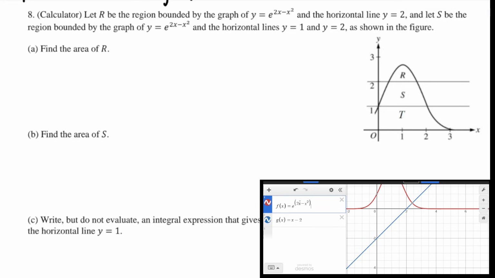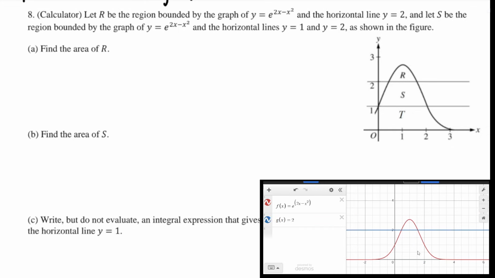And then the horizontal line y equals 2. Okay, there we go. That's R and S. And then y equals 1. Right there. Okay, so I've got R, S, and T.